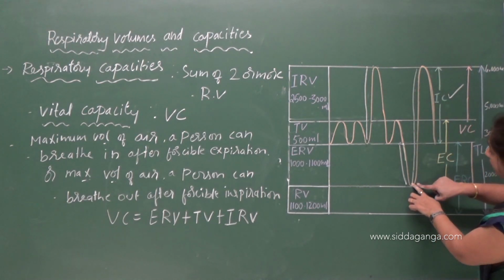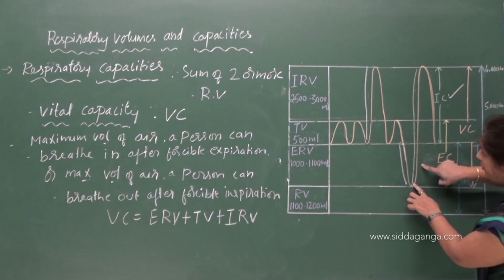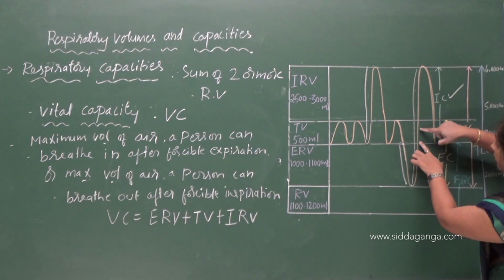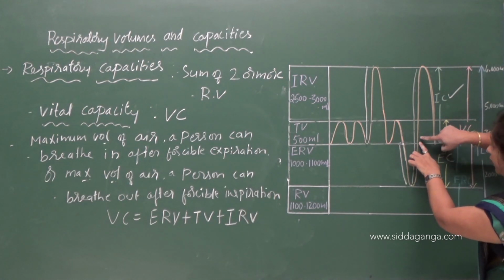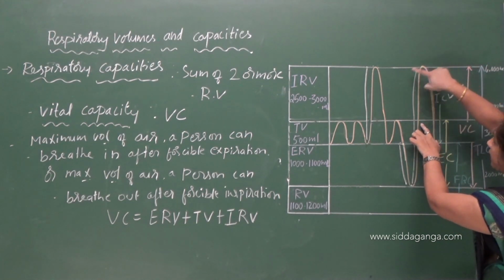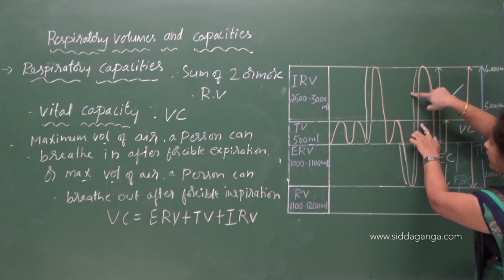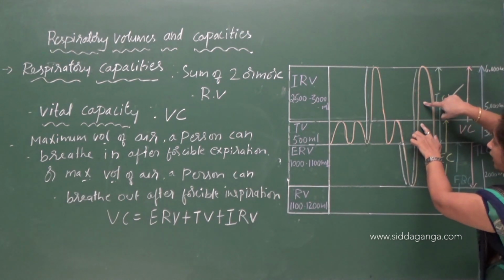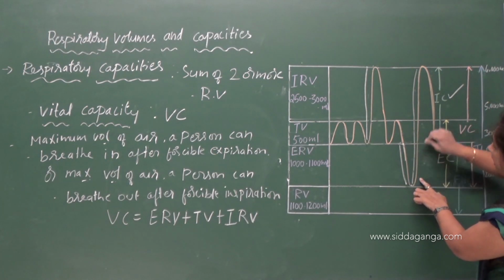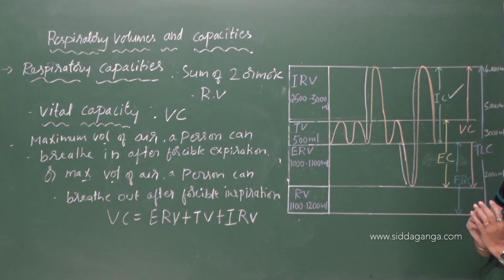So after forcible inspiration, are we able to take this volume of air? No. That we expelled forcefully, and after this, during normal inspiration, we are able to take 500 ml of air. Further, by forcible inspiration, we are able to take 2500 to 3000 ml of air. So the vital capacity includes ERV, TV and IRV.